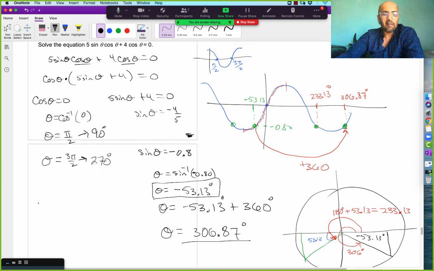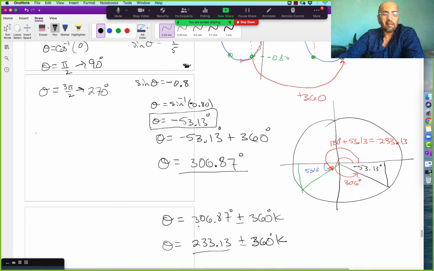Good. So we can put them all together and combine with these to give us our answers. Theta equals 90 degrees, sticking to degrees, plus or minus 360K.